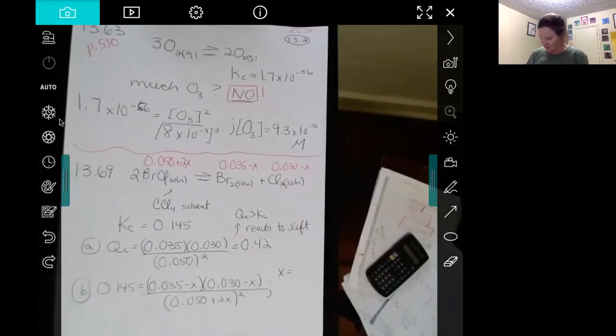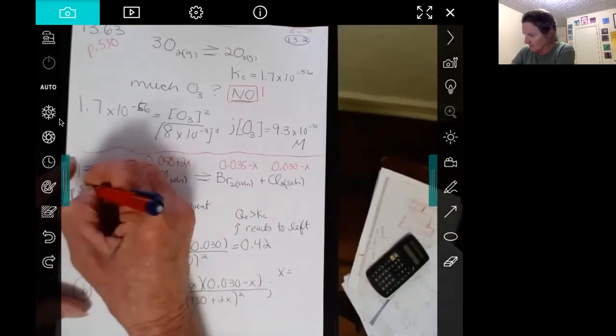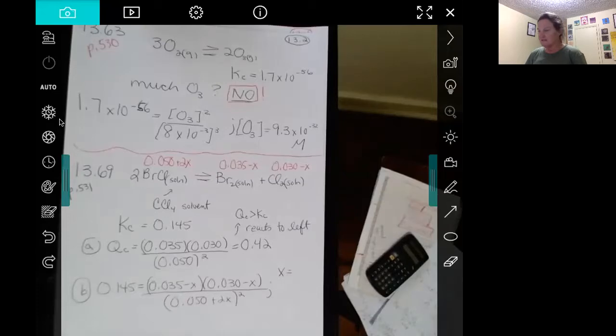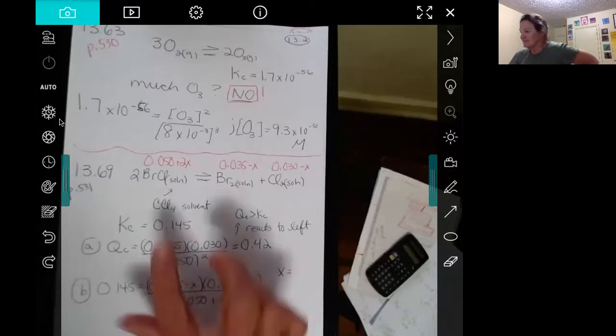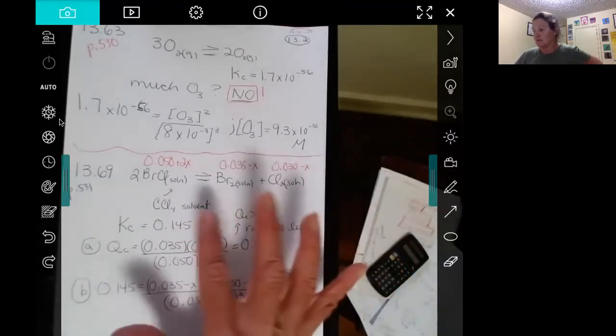The next problem is on the next page, so it's 69 on page 531. And let me see. Yeah, so we have a solution, and it's not aqueous, so it says solution instead of aqueous or liquid.